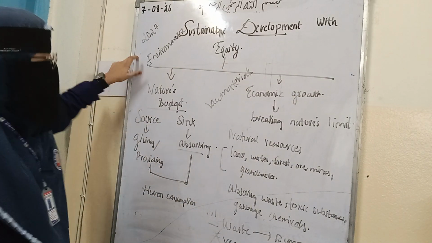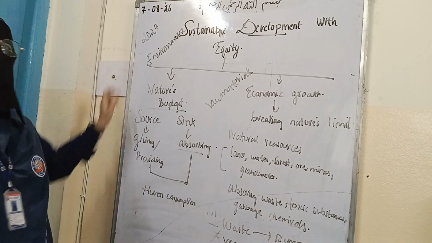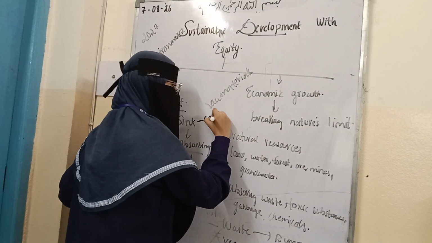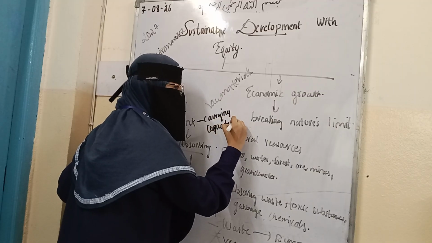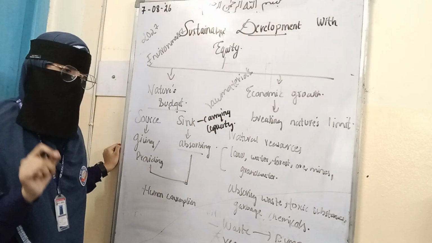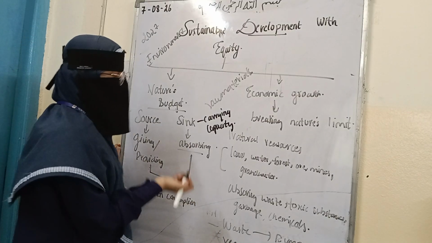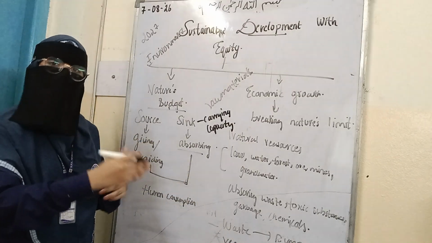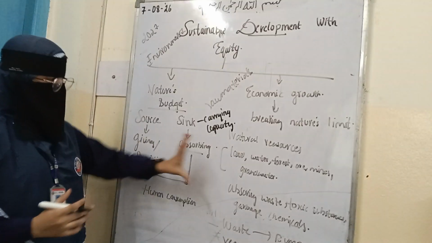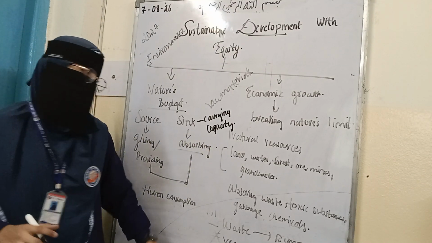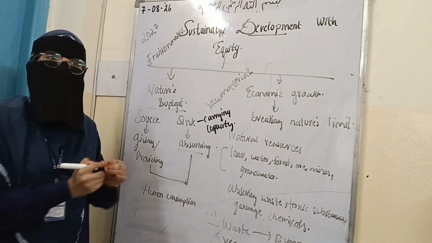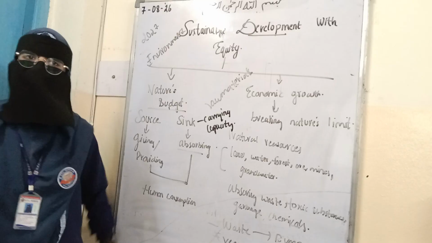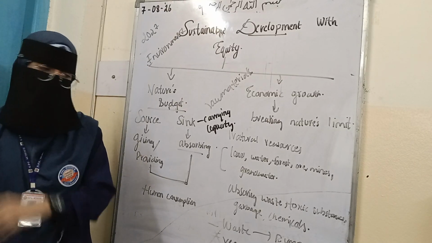Because of our activity, the sink function of the environment is breaking, and indirectly the carrying capacity is getting depleted, meaning it is getting destroyed. We are crossing our limit. Do you think this can all be recovered later? No, this is permanent damage. Once it is destroyed, it is destroyed and cannot be recovered in the future.